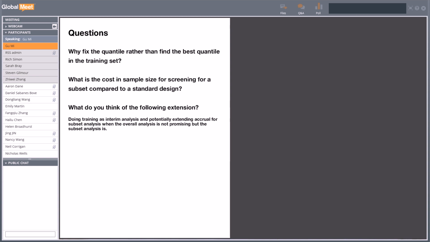From a methodology perspective, if we only focus on the enriched population after the interim, I think it's possible to have an interim analysis on patients for the training set, where tests for the treatment effects on both overall population and subgroup are performed to see if a subgroup effect is more pronounced, while the overall is not promising.